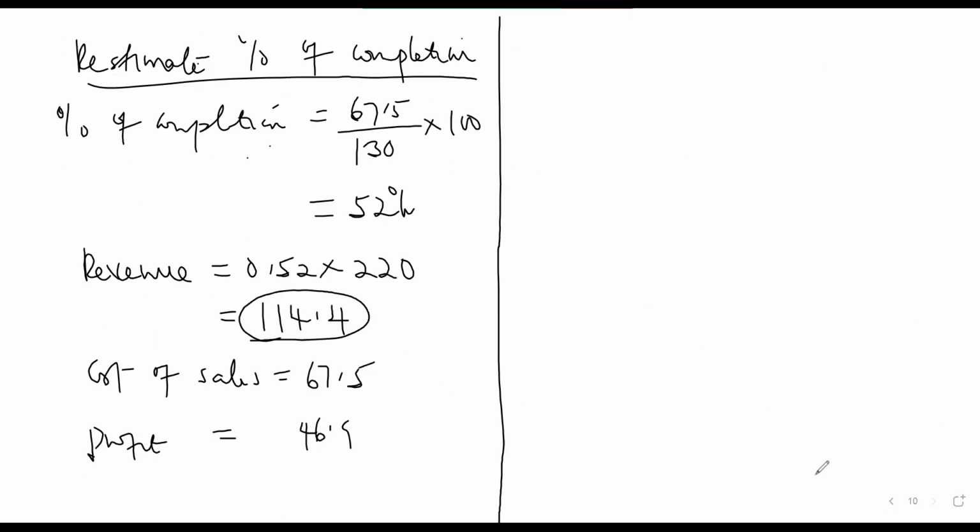So what is the difference? 1.9. Now the only entry that you do is that you debit your contract assets with the 1.9, then you credit your revenue, because the revenue will be increasing by 1.9.